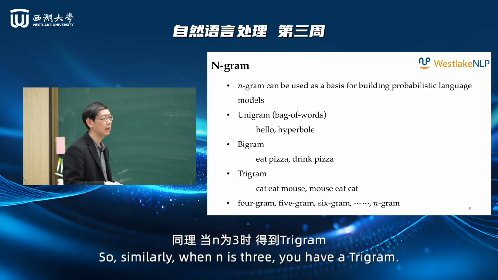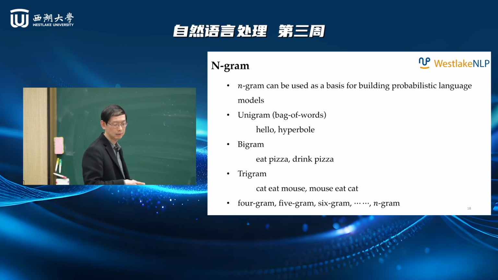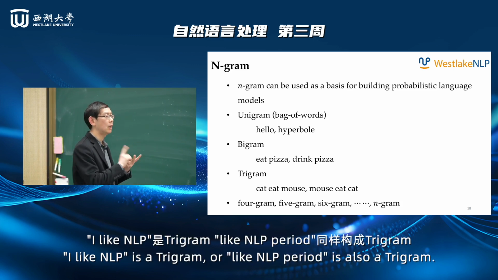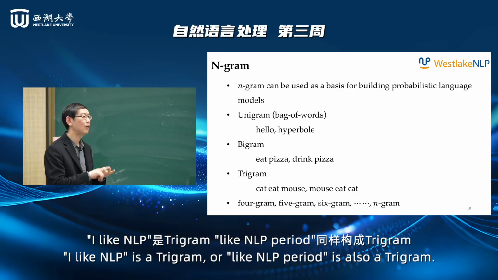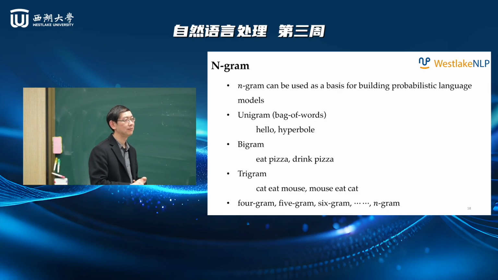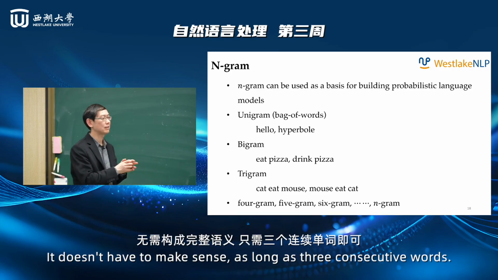Similarly, when n is 3, you have a trigram. I like NLP is a trigram. Or like NLP period is also a trigram. It doesn't have to make sense as long as it's 3 consecutive words.